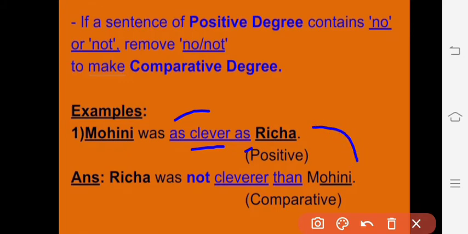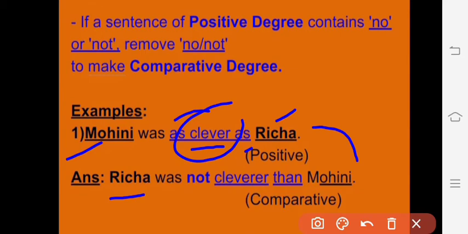So first step, interchange the noun or pronoun position. Here Mohini is a noun and Richa is a noun. So we have to interchange the places. And if positive degree is in affirmative, means without no and not, you have to convert into comparative degree by interchanging noun and pronoun as well as adding not and adding er or more to the adjective.